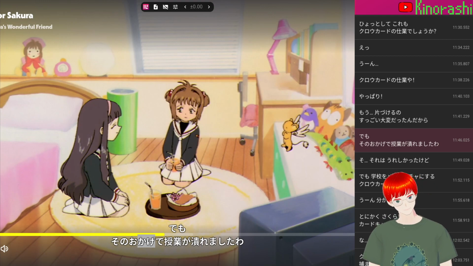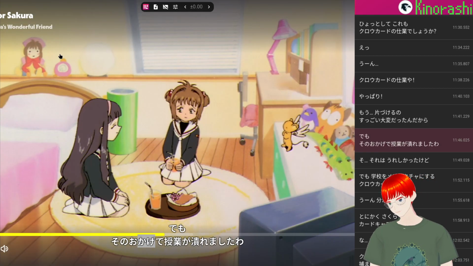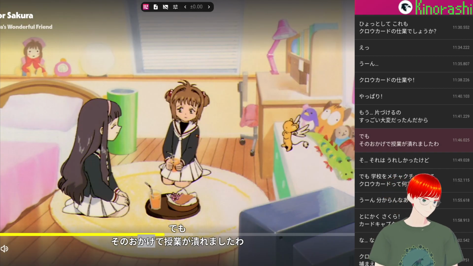Okay, here's the kanji they use, so that'll be easier to look up. Let's see, assistance, help, aid, effects, influence. Okay, I'm guessing they mean influence in here since it's a negative influence. They don't mean assistance.